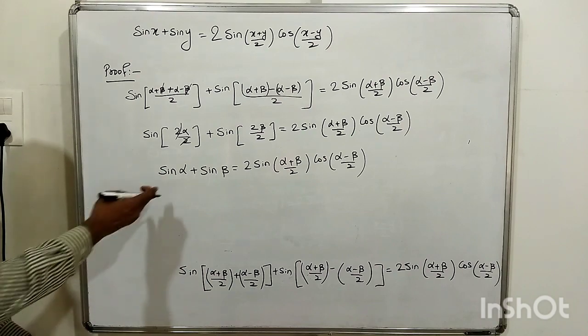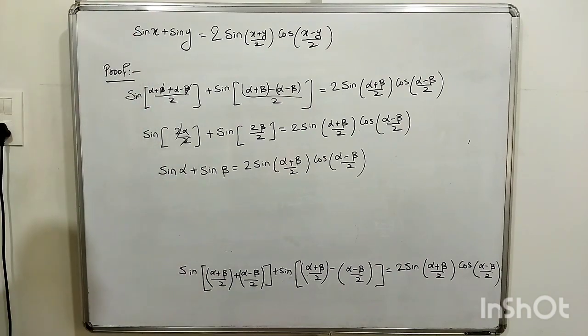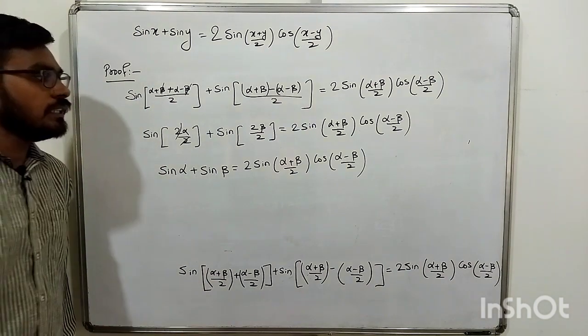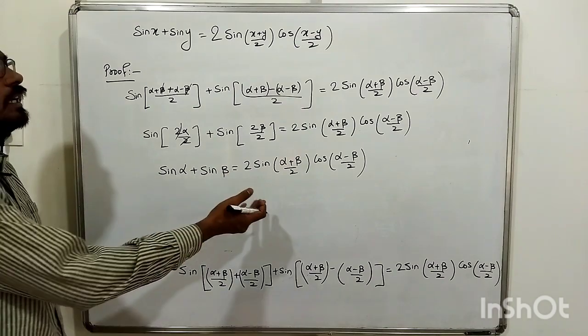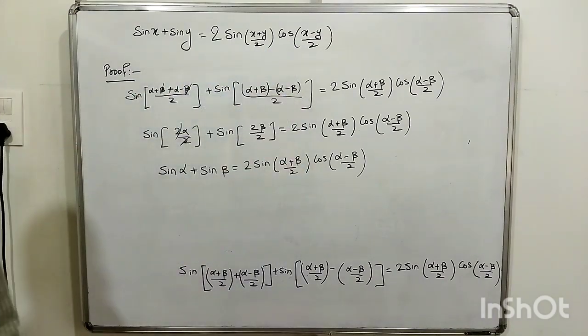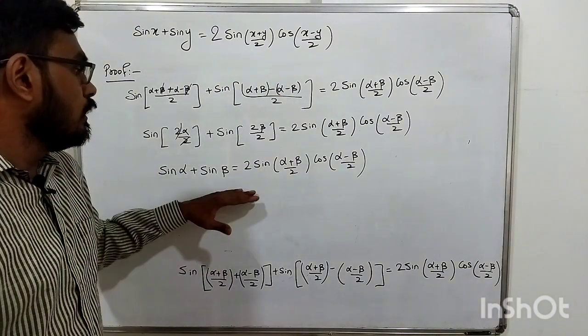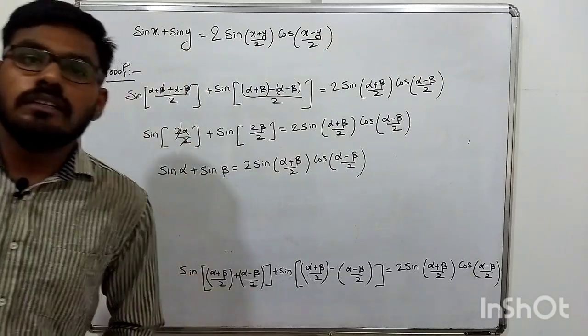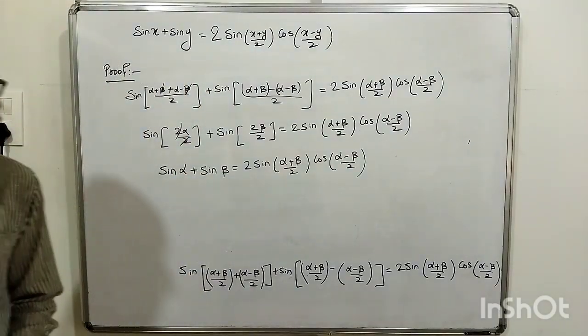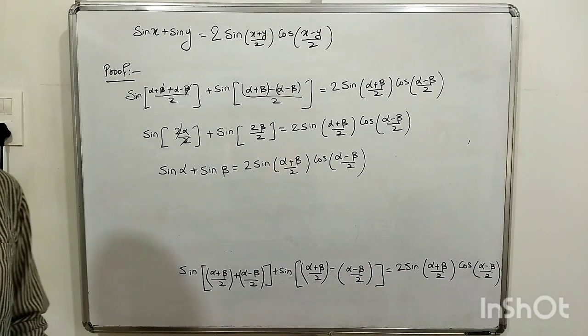So same thing we get here. If we generalize the formula again, in place of alpha we say x, in place of beta we say y, then we get this formula. So this way we get the answer. Understood?